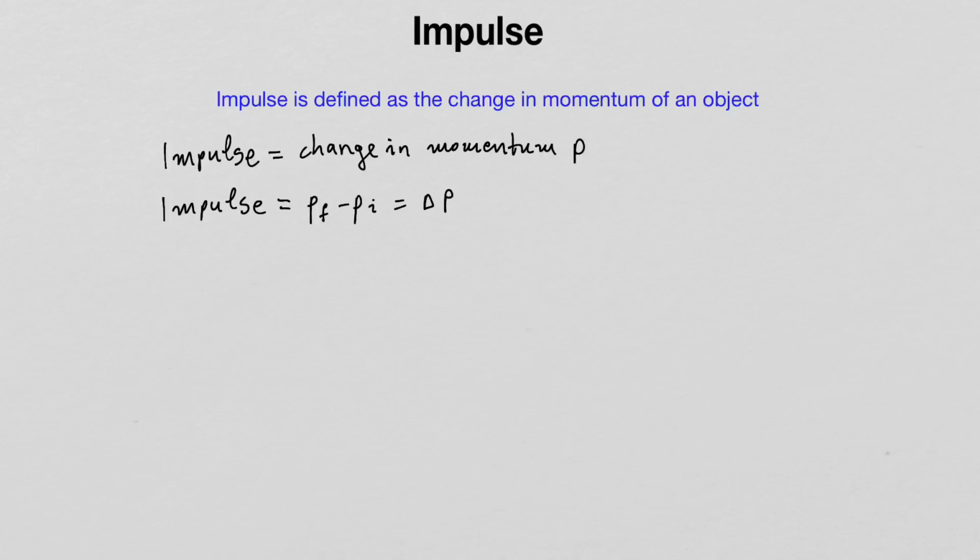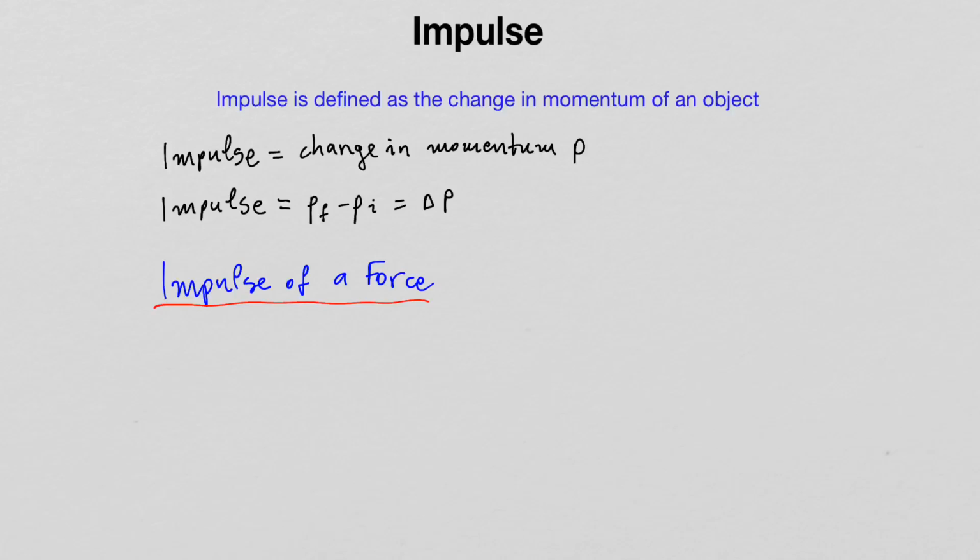So now what we need to discuss is what is impulse exactly. Well, when we talk about impulse, we talk about the impulse of a force. Why a force? Well, if an object is moving with certain velocity, that means that this object will have some momentum, which is just the product of the mass of the object and the velocity of the object.